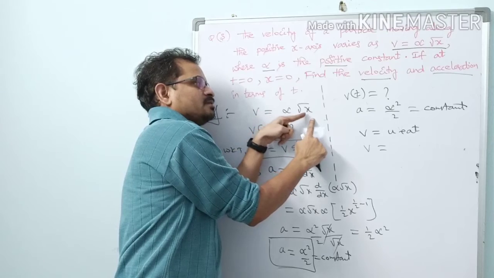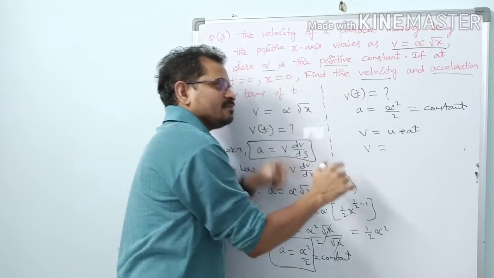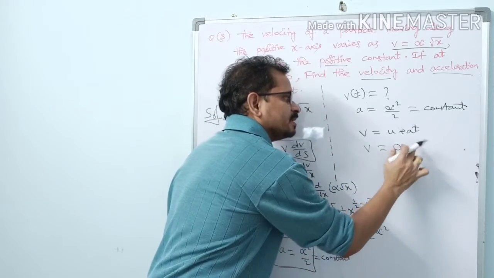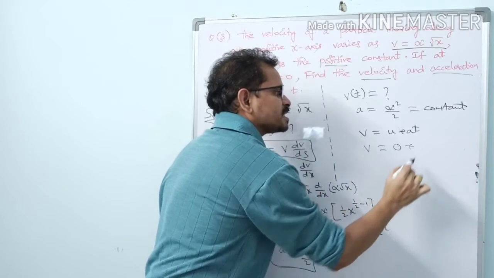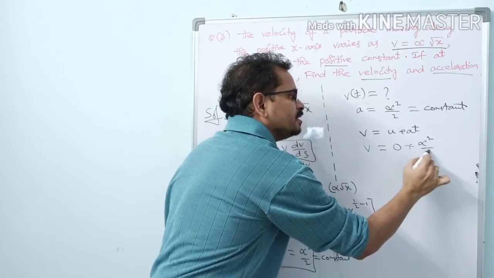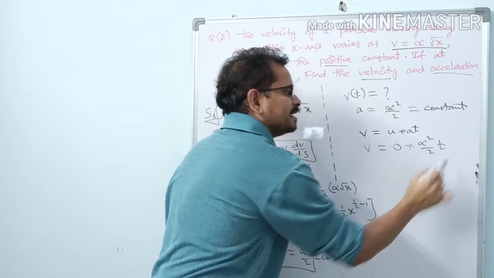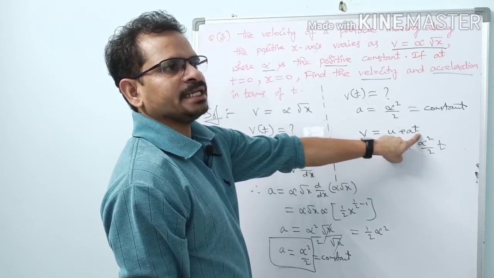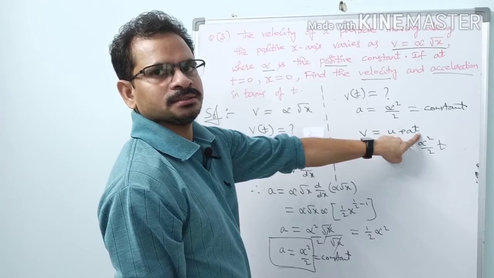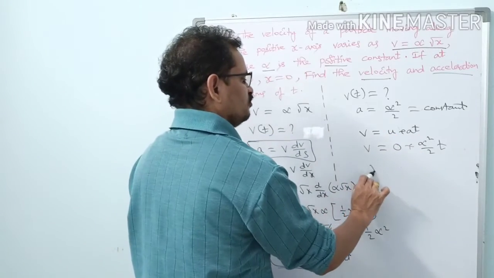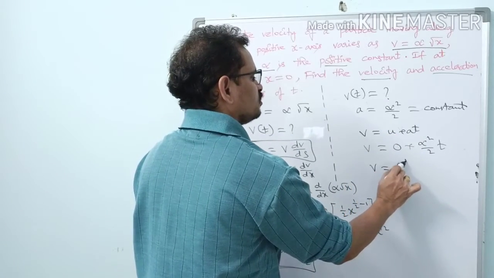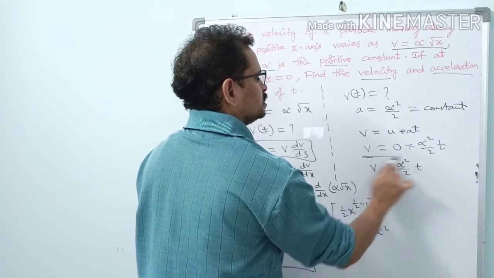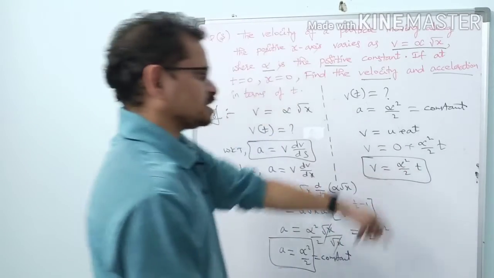So let us put x equal to 0 here. So what is the initial velocity? We are getting 0. Plus what is the acceleration? Alpha square by 2. What is the time? Any time t. So this is the velocity after any time t seconds. So therefore v equal to alpha square by 2 into t. See, we got v as a function of time t.